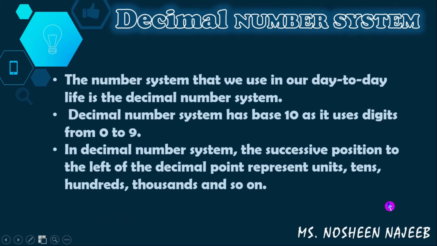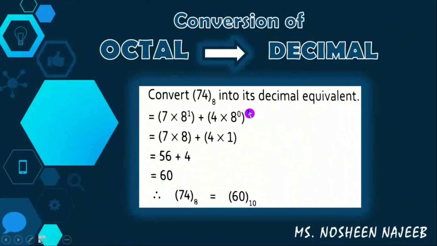So let's discuss the conversion of octal into decimal. For this purpose we will use the expansion method. First we convert the octal number system into the decimal number system. Here we have the value 74 from the octal number system. In the expansion method, as many digits as we have, we make that many sets.